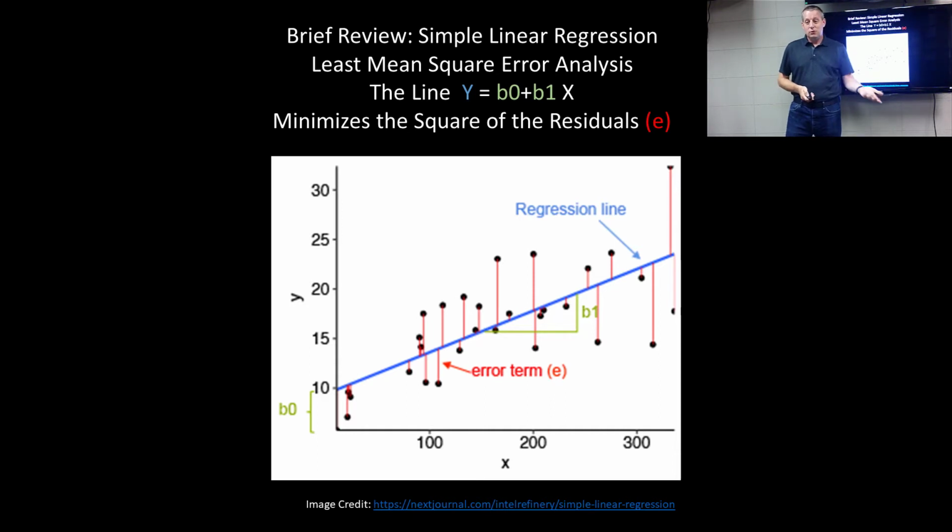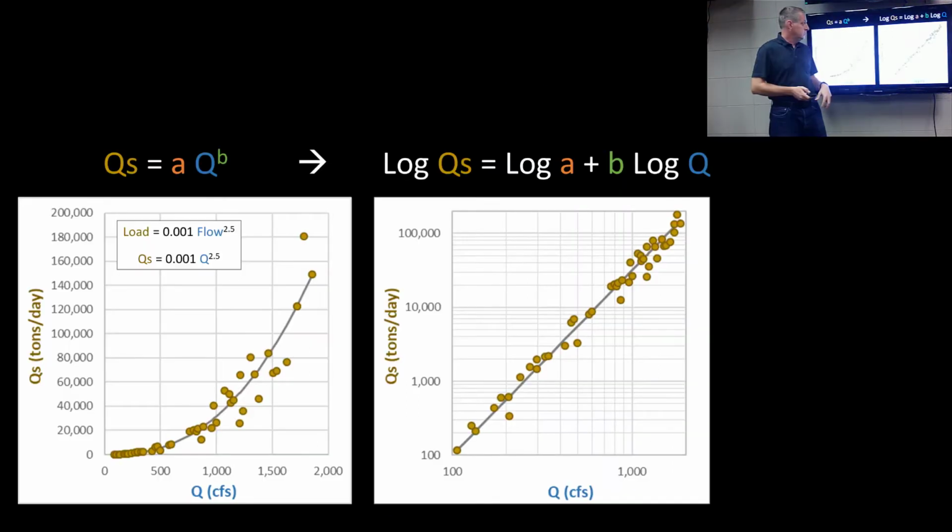And so if you do this with a power function, here's a power function. I know that because I created this power function myself and then introduced some random scatter around the function. If we're going to fit a power function model to these data, it turns out to be relatively straightforward, because when you transform a power function into log space, it turns out to be linear, right?